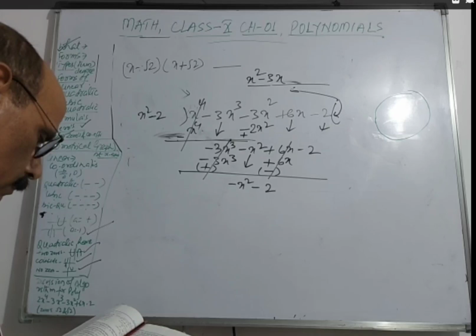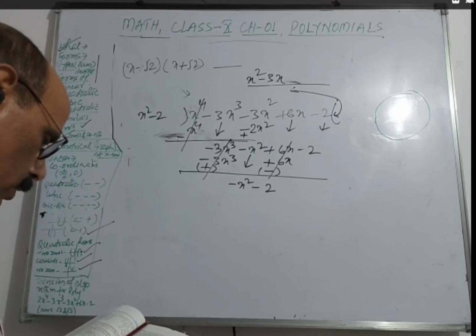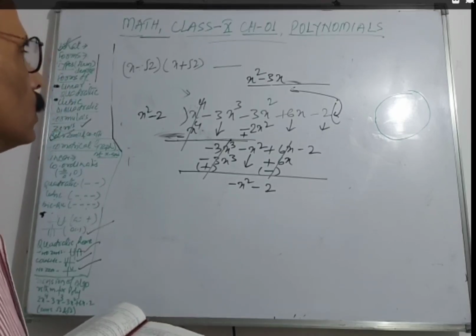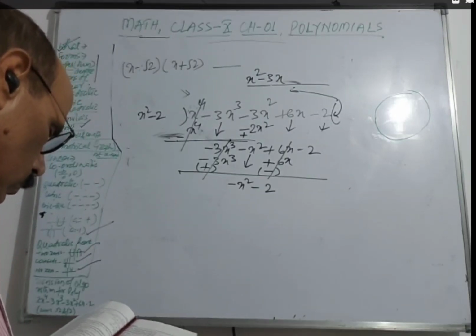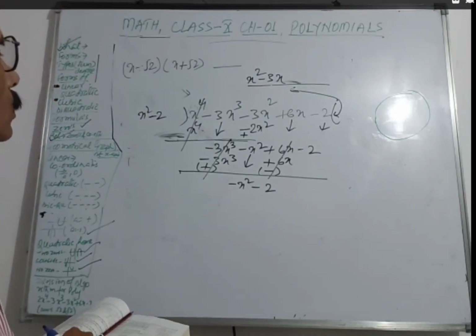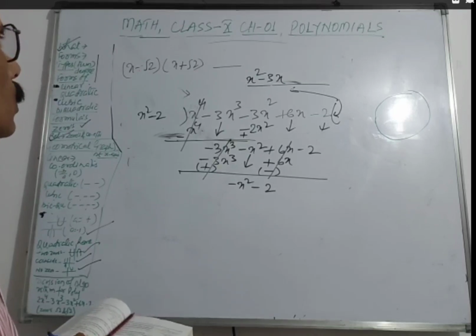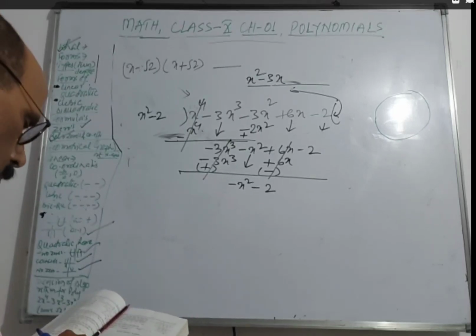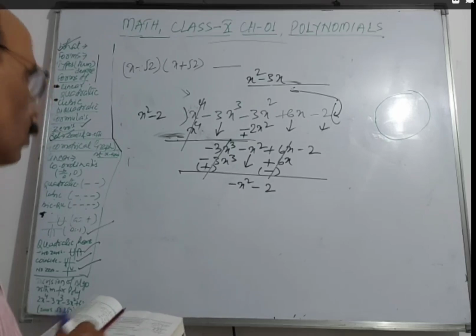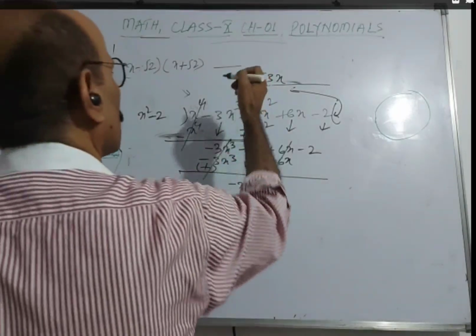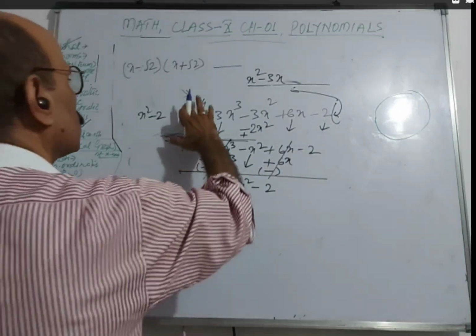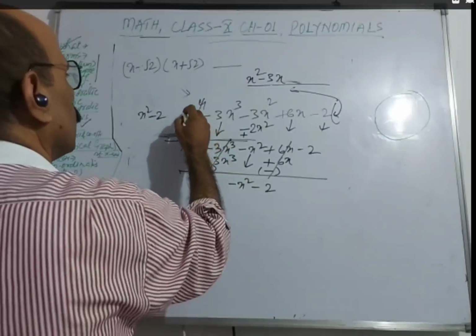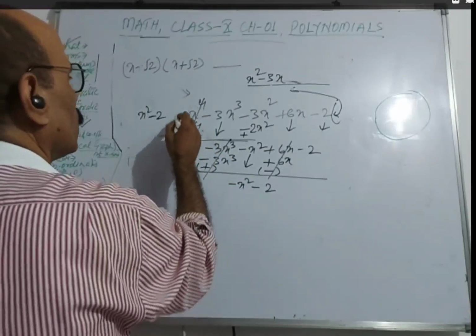It was plus x square, 4x square, x to the power 4, 2x square. Okay, I have done wrong here. The question was different. Here it was 2x square. I have noted it wrong.